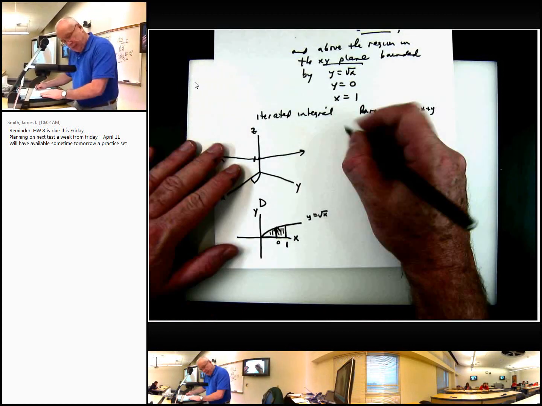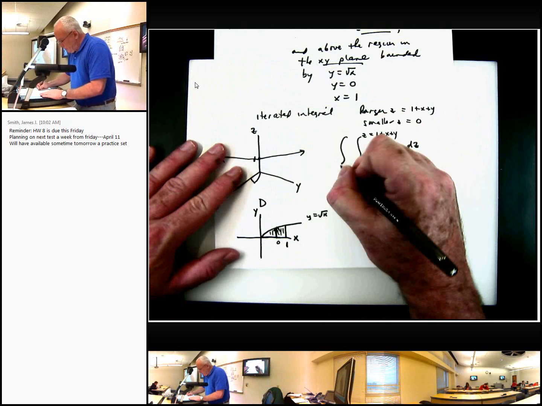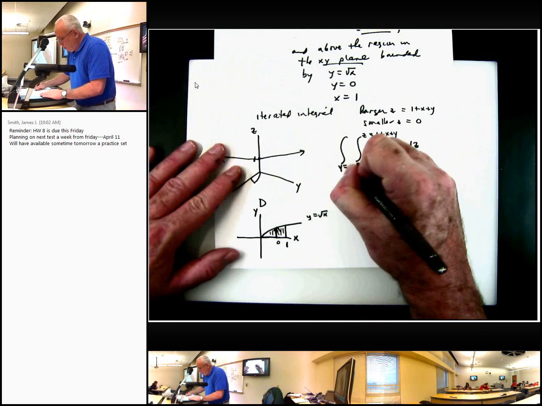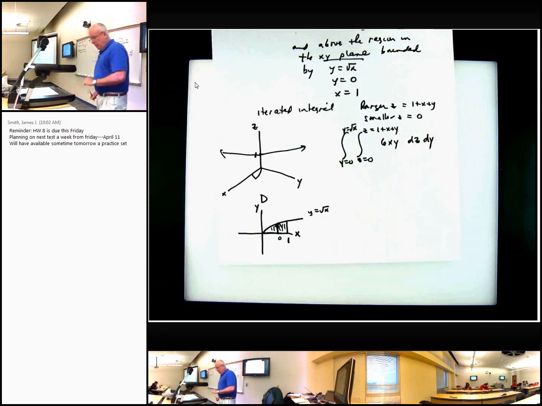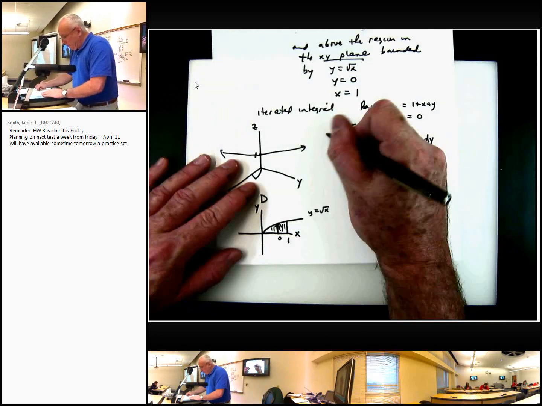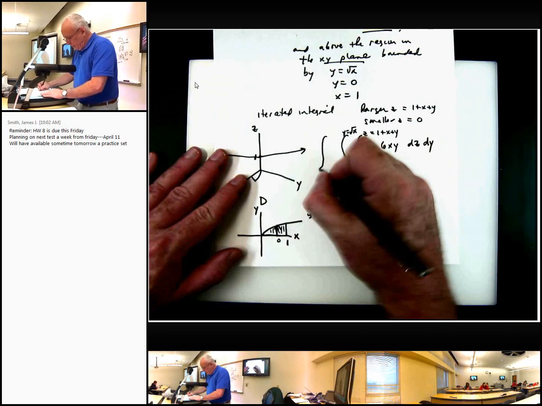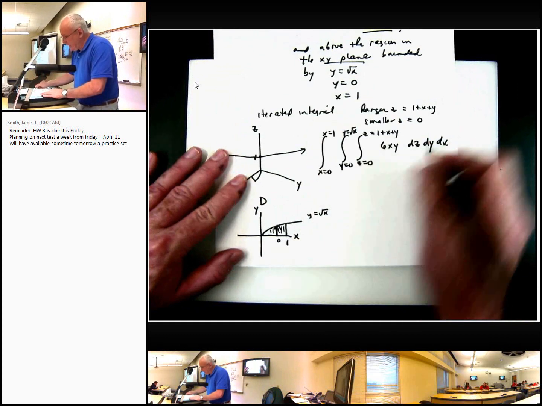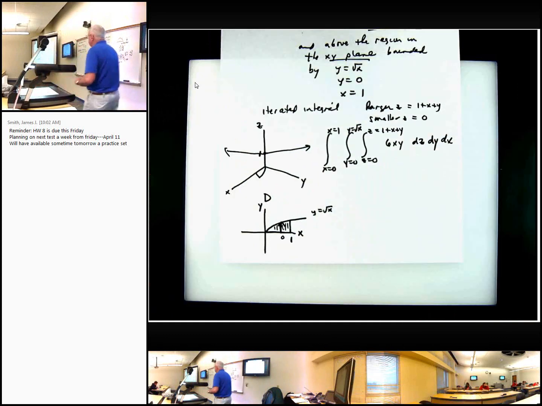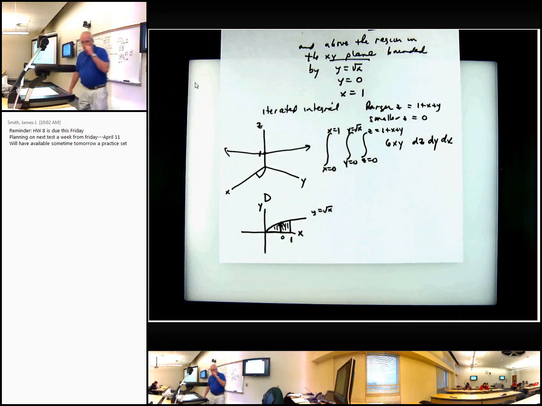Okay, so let's do that. So that's our middle one here, y equals 0 to y equals the square root of x, so that's our dy. And then what's our bounds for x? 0 to 1. And that's our dx. So that's half the battle of setting up the integral there.